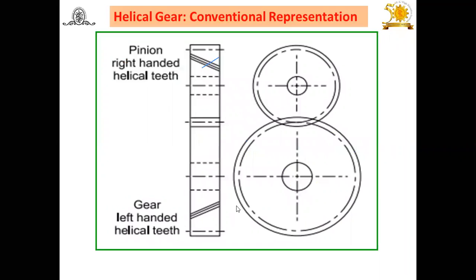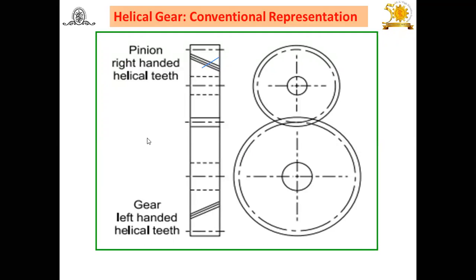Then the conventional representation of helical gear, and how right hand and left hand teeth engage gradually. One gear should have a right hand and the other gear a left hand tooth.